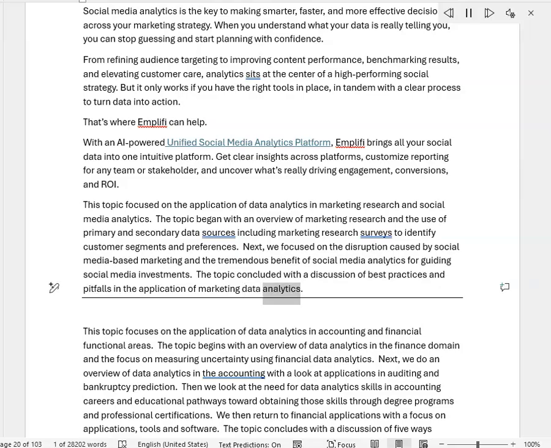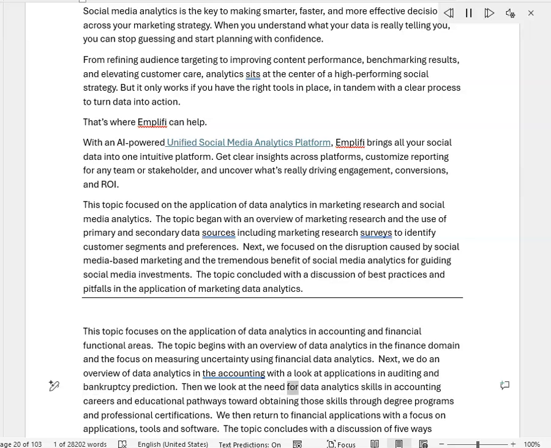This topic focuses on the application of data analytics in accounting and financial functional areas. The topic begins with an overview of data analytics in the finance domain and the focus on measuring uncertainty using financial data analytics. Next, we do an overview of data analytics in accounting with a look at applications in auditing and bankruptcy prediction.